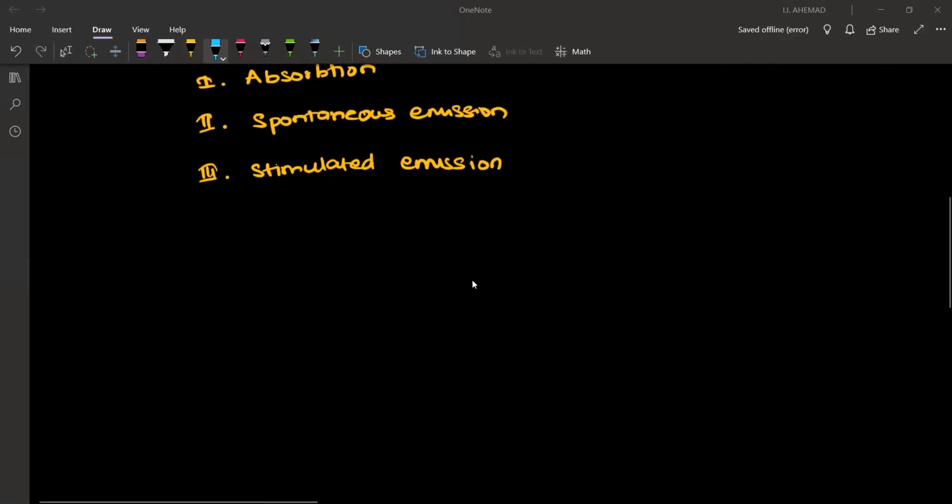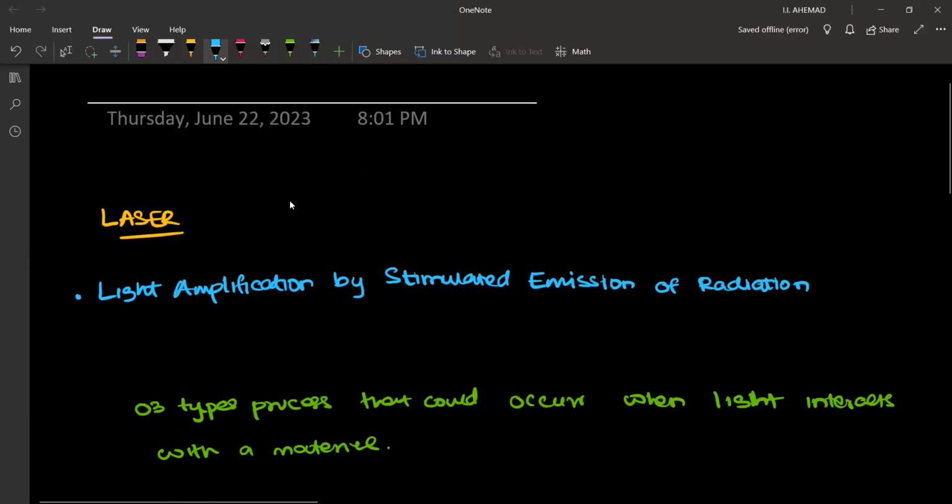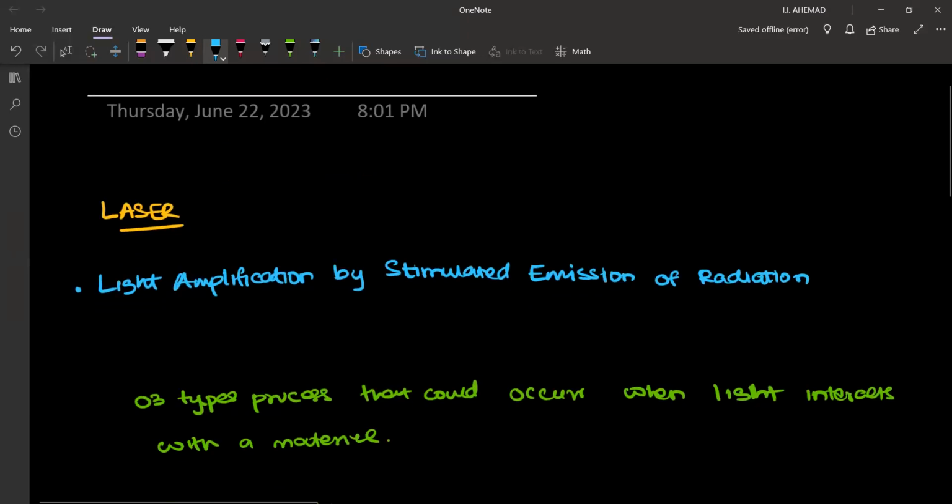Let's write this down. Put down the topic laser, and under that write down the term laser.